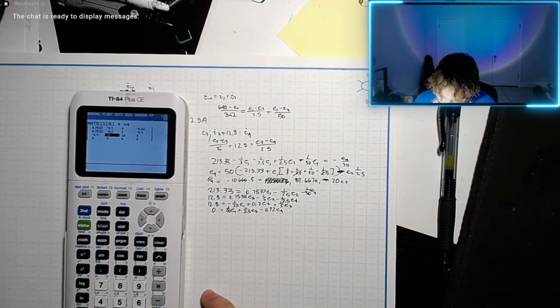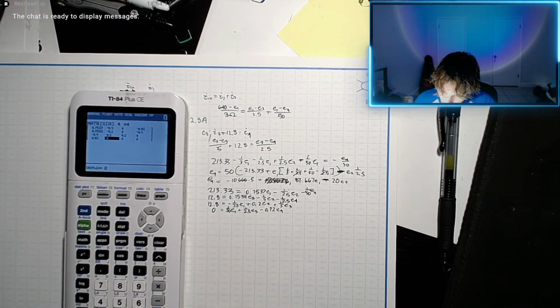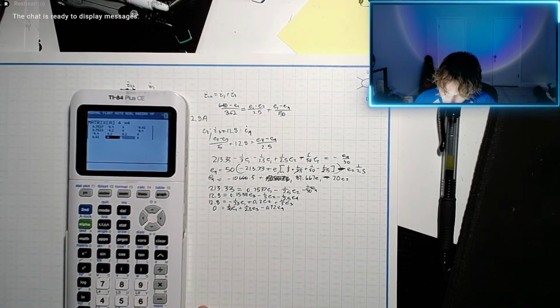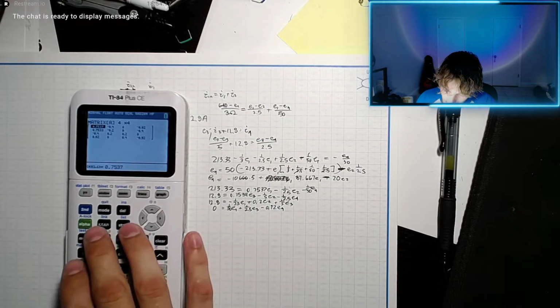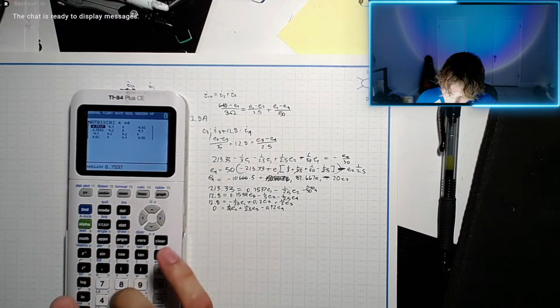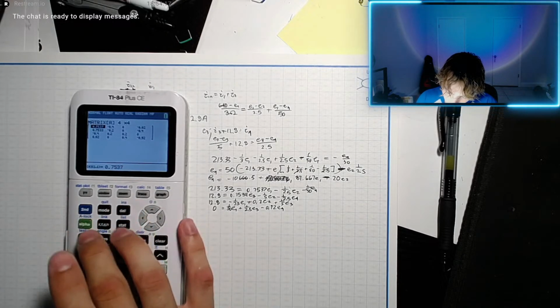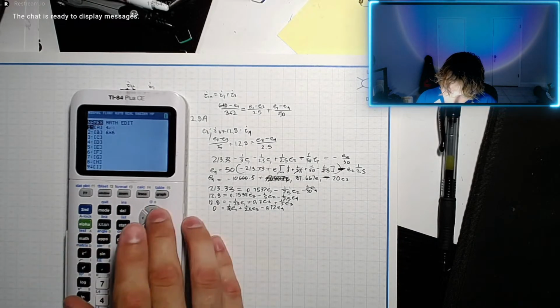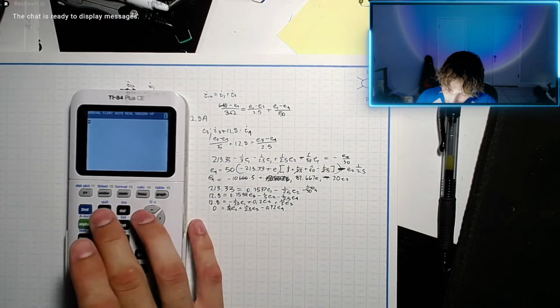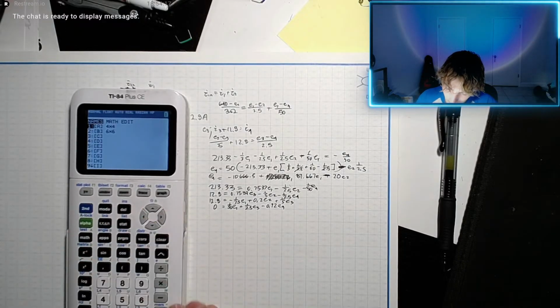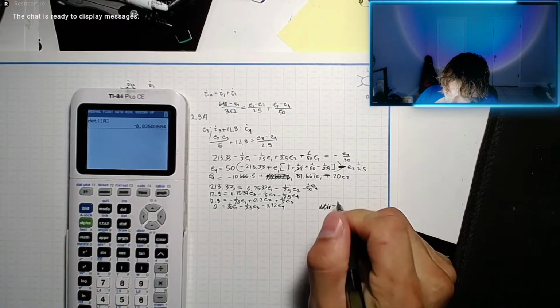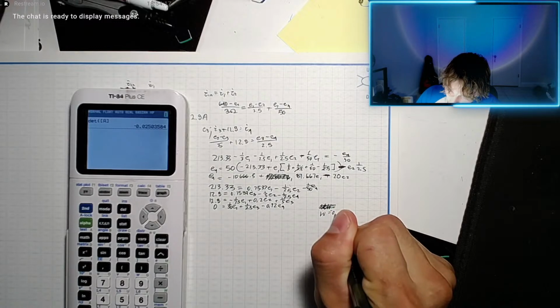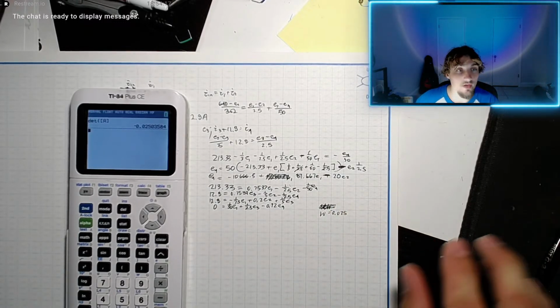Man, this is boring. Negative 0.92. Okay.